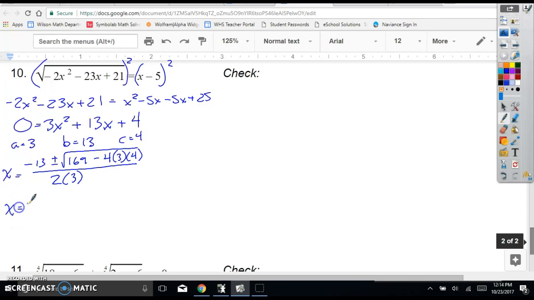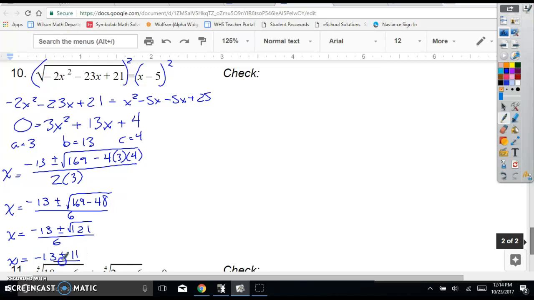So, a little bit of rewriting here. 169. 12 times 4 is 48. Over 2 times 3, which is 6. This will be negative 13 plus or minus the 121 under the square root. And the square root of 121 is 11. So now I'm at the point where I have two answers.